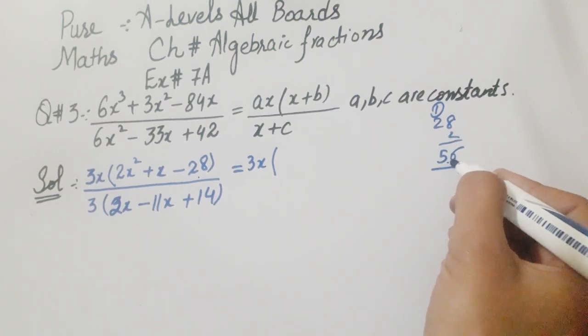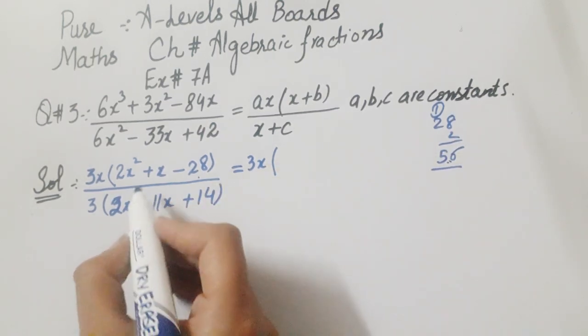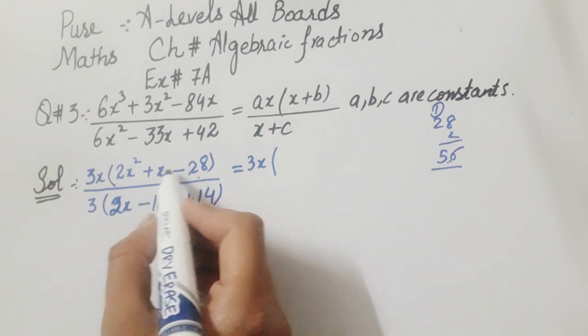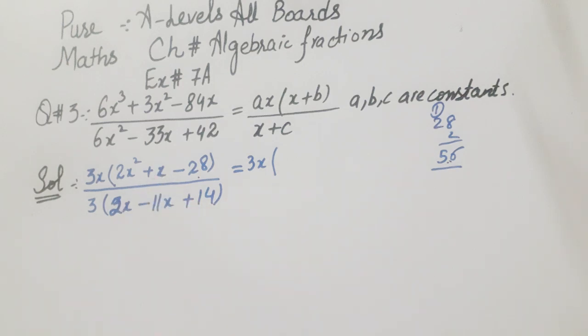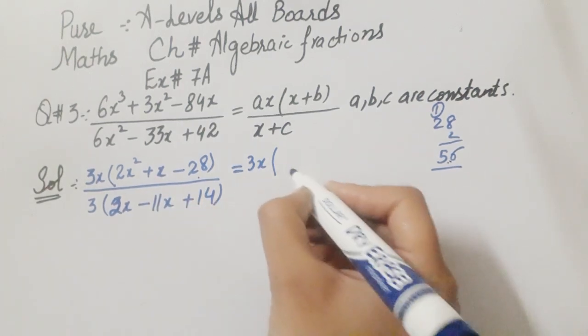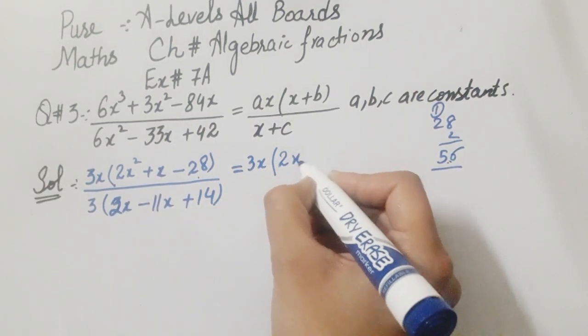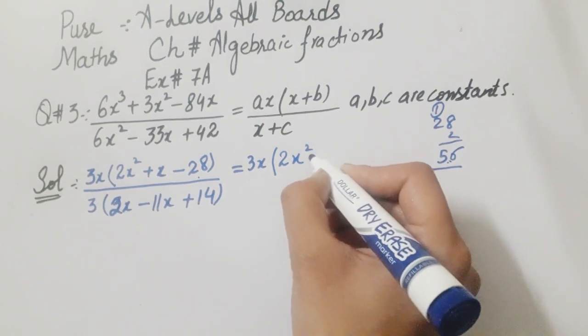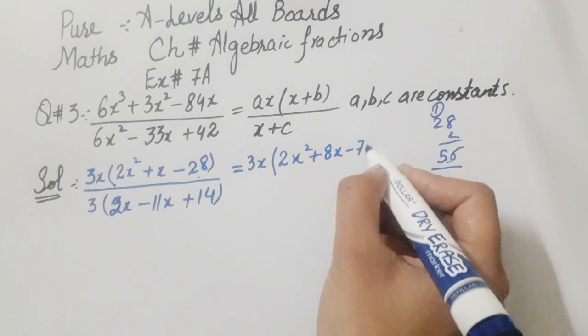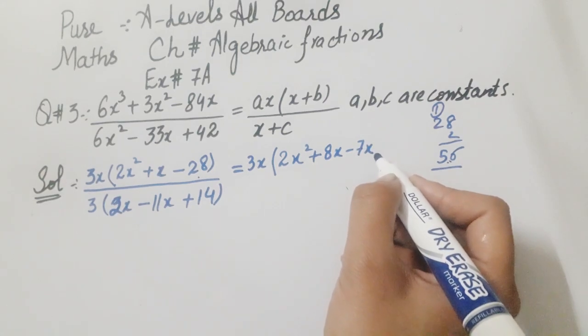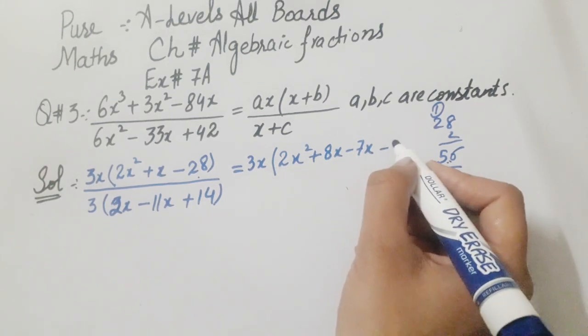So the factors of 56 are such that when they are subtracted they give 1. So we have 2x² + 8x − 7x and then − 28.